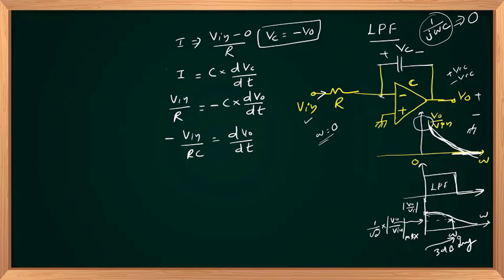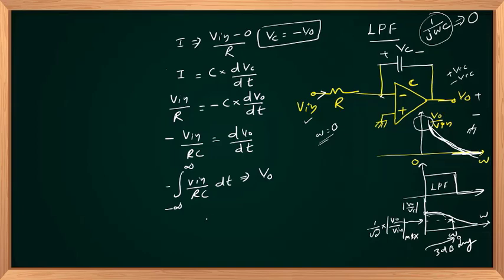To identify V out, I am integrating both sides. So minus the integral of V in upon RC dt will give you V out. The integration should be from minus infinity to plus infinity.